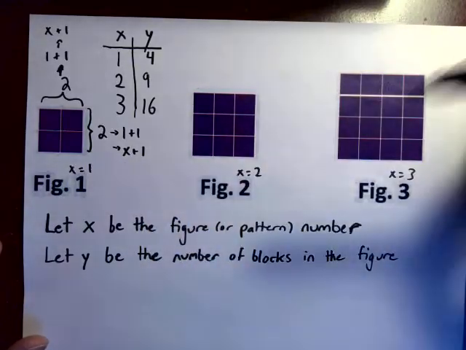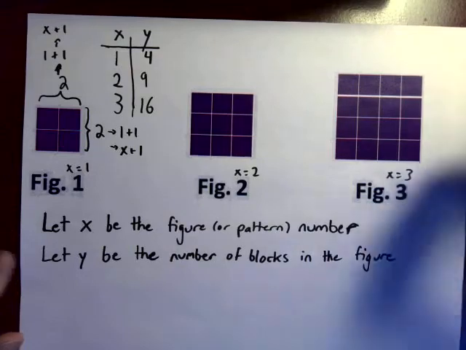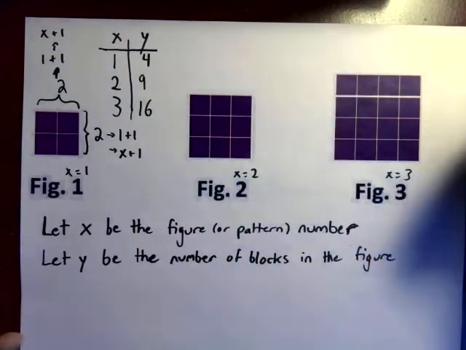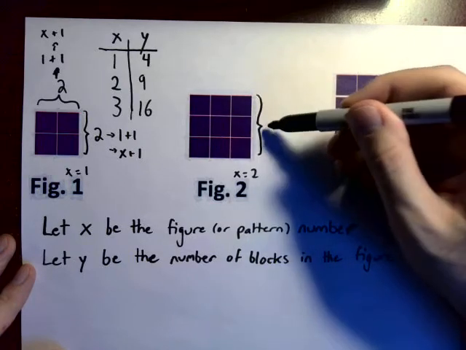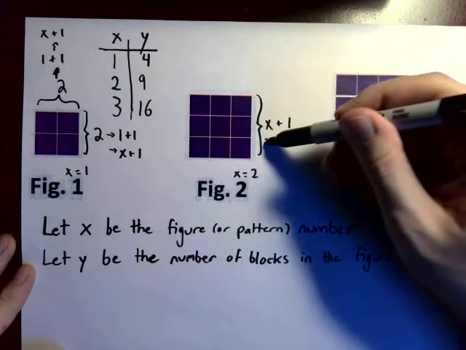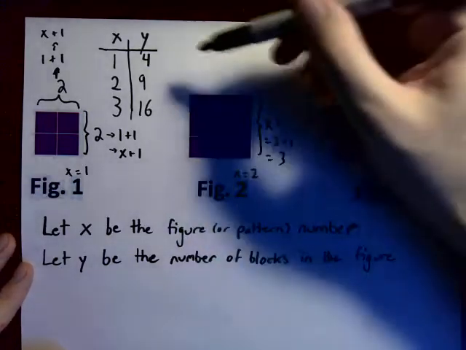Let's see if that applies to the others. This is just my first thought. Now I would look at the other figures and ask myself, I wonder if this applies to them as well. Here, when x is 2, x plus 1 is 2 plus 1 equals 3, and are there 3 blocks? Yes, there are. Nice.